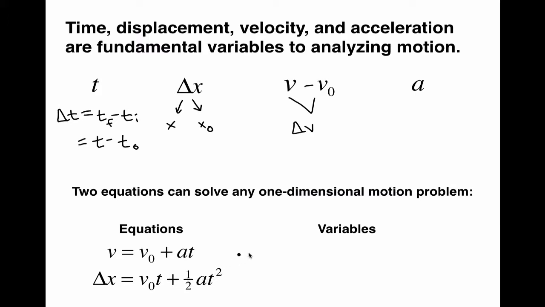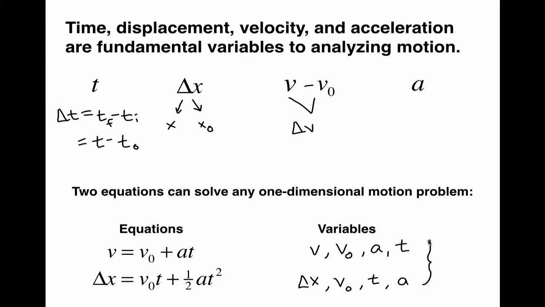If we look at the variables in each equation, in the first equation we have a velocity, we have a v naught, we have an acceleration, we have a time. And in the second equation we have a delta x, or displacement, we have a v naught, we have a time variable, and acceleration.